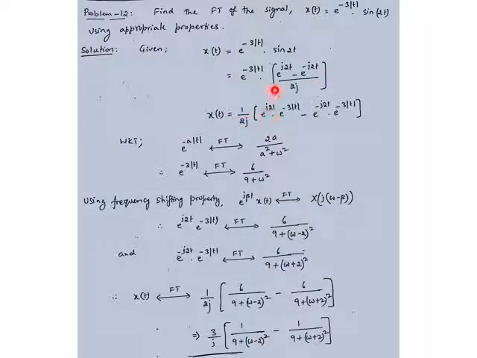So what is going to happen? e to the power j2t into e to the power minus 3 with magnitude of t, minus e to the power minus j2t into e to the power minus 3 with magnitude of t. So now we have terms looking like e to the power jat and e to the power minus jat with the magnitude of t.